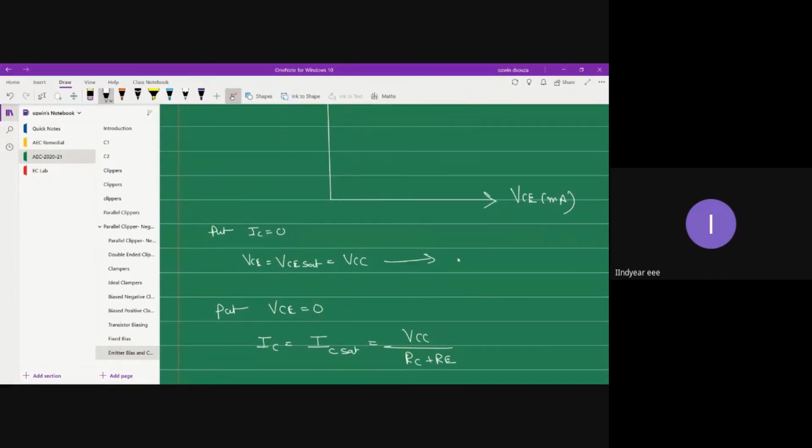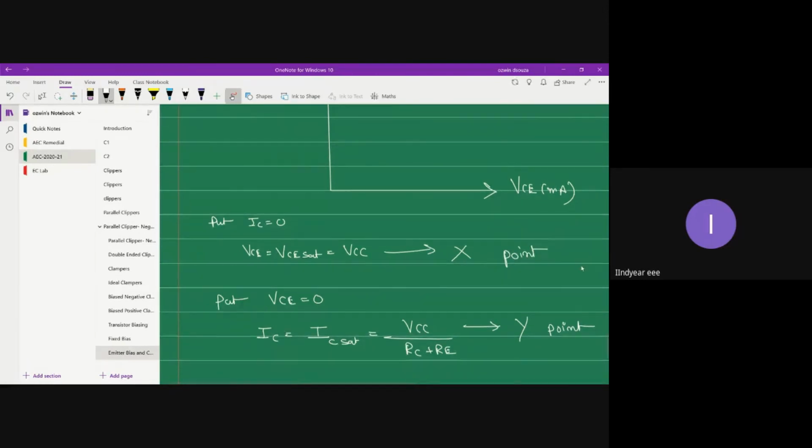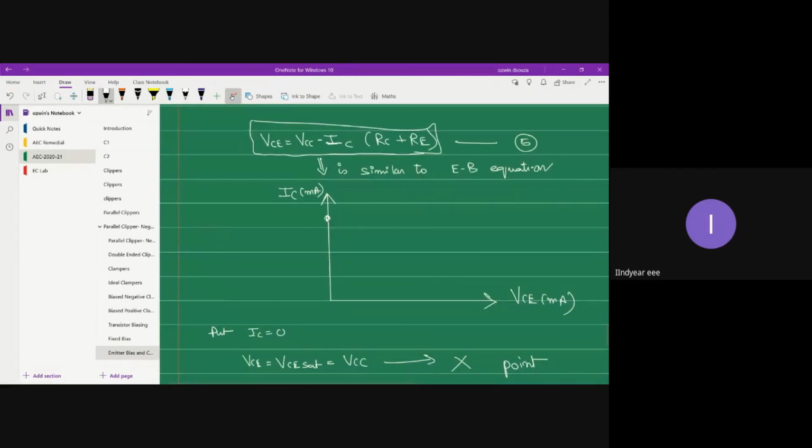This is your y-intercept and this is your x-intercept, IC saturation and VCE saturation.